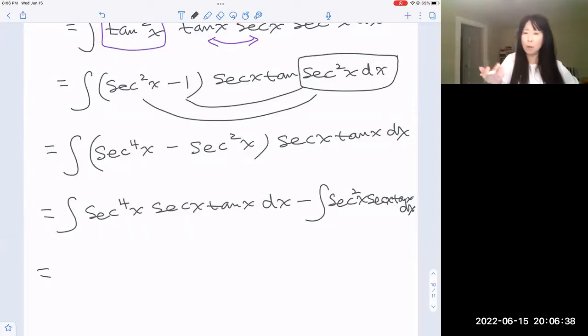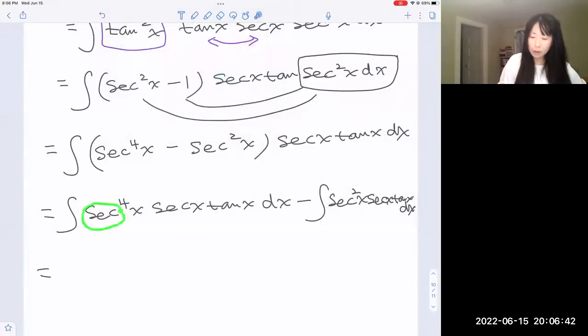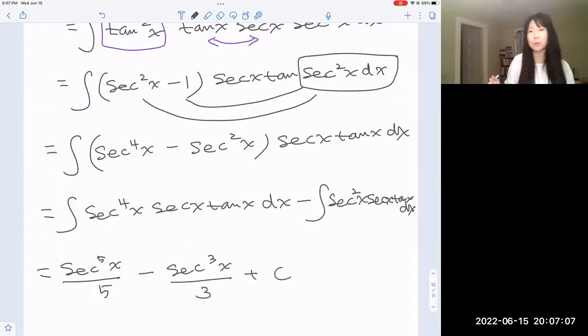Secant to the fifth power, because we have the derivative of secant x, we have a secant x tan x, so that we can deal with only the power. So we will have a secant to the fifth power over 5 minus, and same as here, we deal with the power, which is secant to the third divided by 3. Excellent. Plus C, okay. Very good.